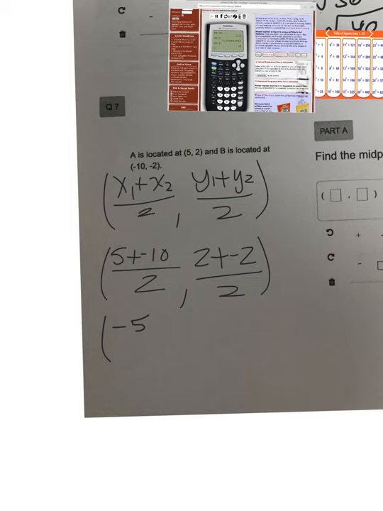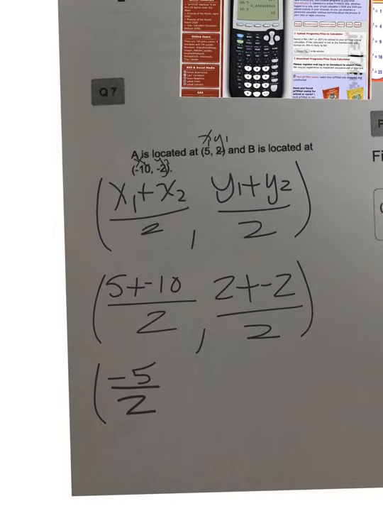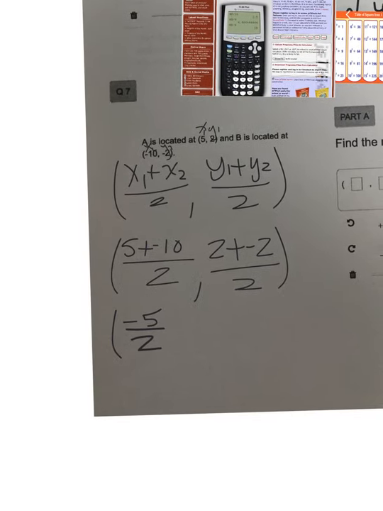So it's always x1, y1, x2, y2. Yeah, I did skip that part. Okay, so we're good now to keep going?